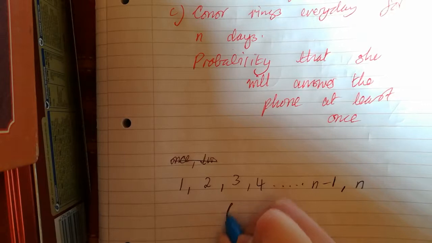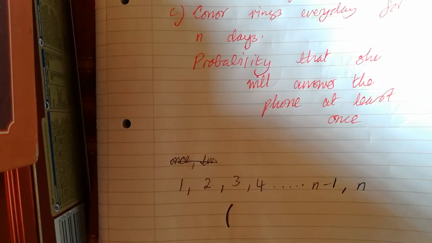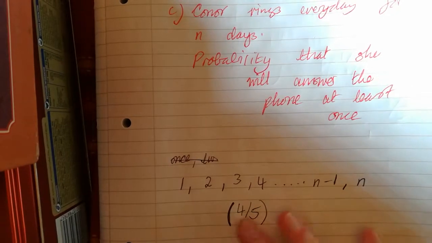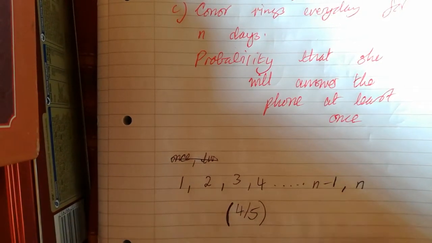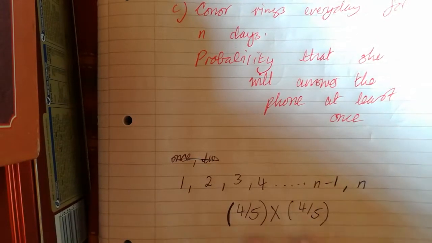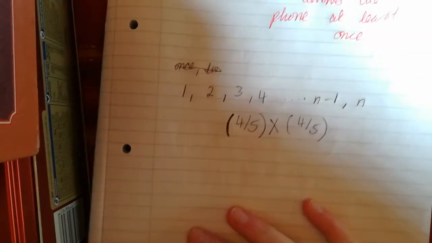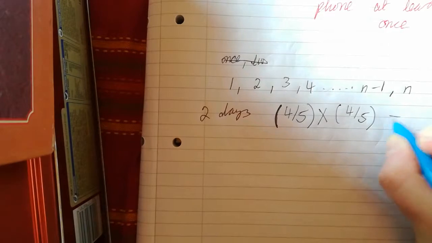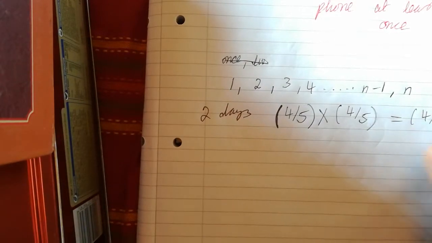It will just be 4 over 5 for each of the days. Say if she doesn't answer the phone for 2 days, that's 4 over 5 times 4 over 5, because that's the probability that she doesn't answer the phone. So for 2 days, it's going to be 4 over 5 squared.